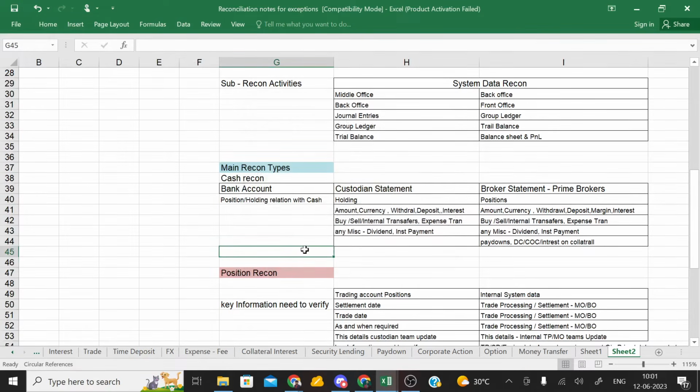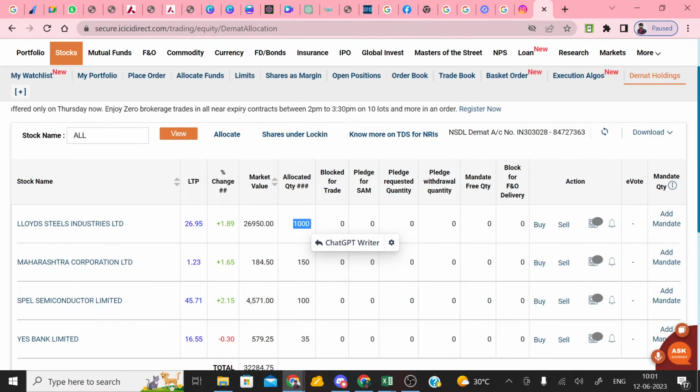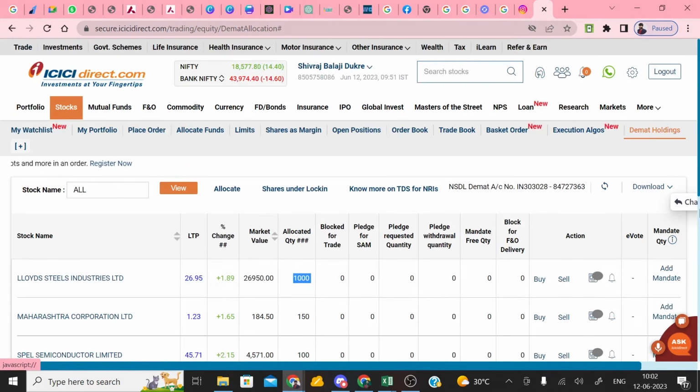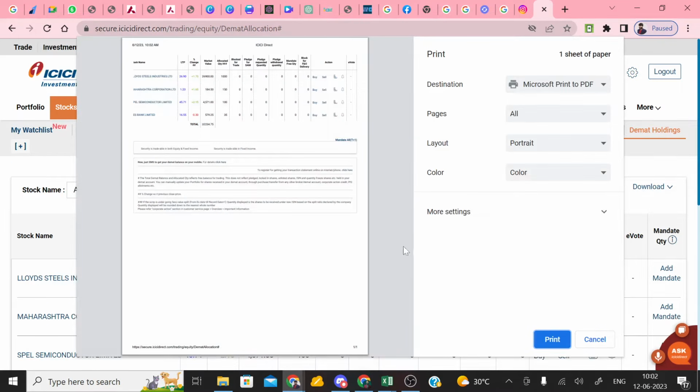So now I'll come to the reconciliation process flow. How does this data, meaning position details, flow down into the system? I'll purchase the securities, I'll sell the securities. This is the live data, guys. So this data you need to first of all record in your internal accounting system. If you don't record that in your internal accounting system, then how will you perform the reconciliations, right?